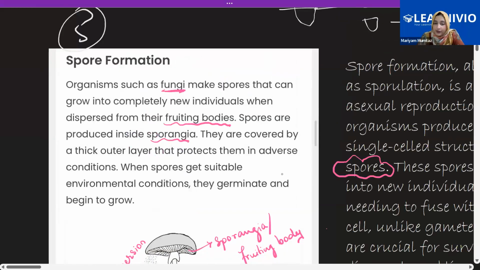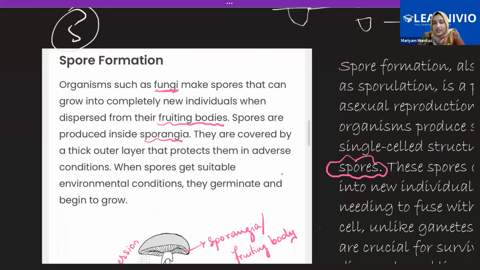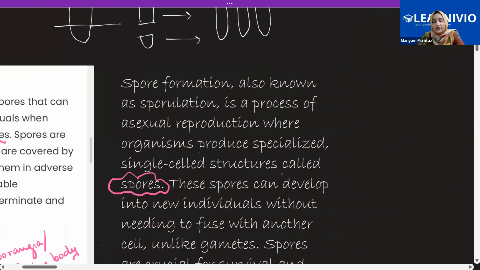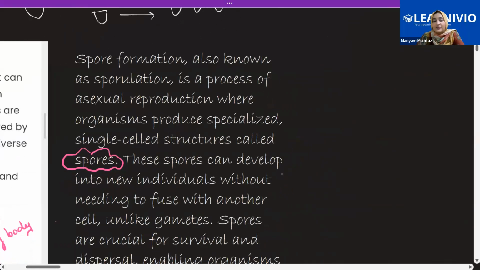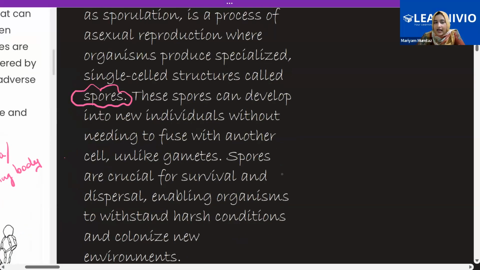So when we talk about spore formation, they make spores inside the sporangia or the fruiting body. And when the spores get the favorable conditions, they are going to germinate and begin to grow. Spore formation is also known as sporulation, and it is a process of asexual reproduction where the organism produces specialized single-cell structures called spores.